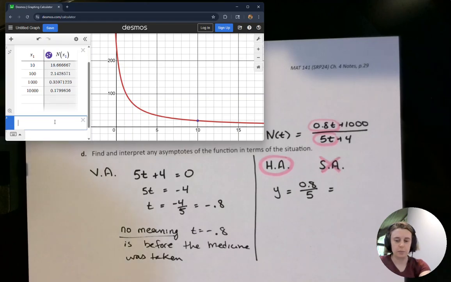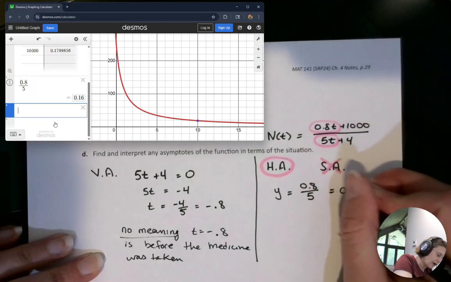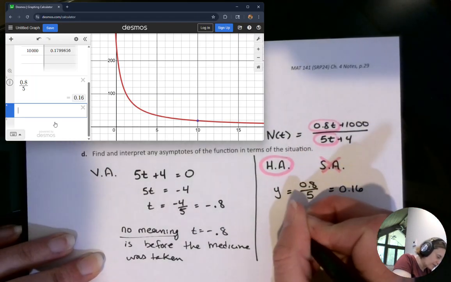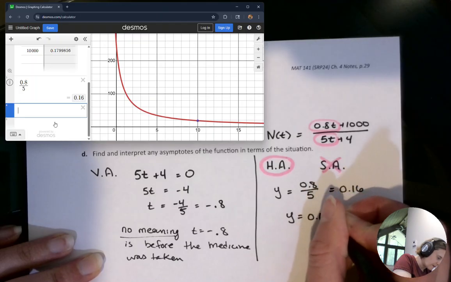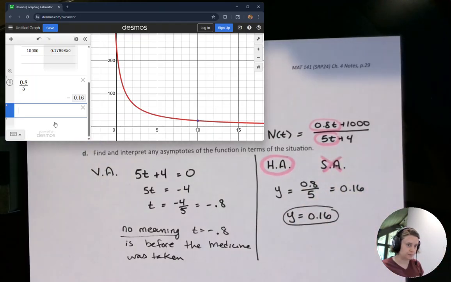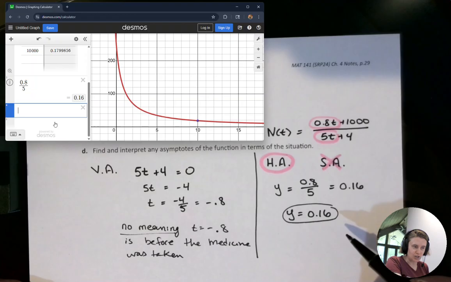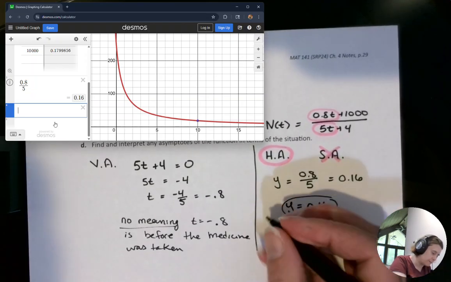I'm sure this makes a nice little number. So it comes out as 0.16. So y equals 0.16 is the location of that horizontal asymptote. What does this mean? This means that as time goes on, the amount of the medication in the body is going to drop towards 0.16 parts per million.